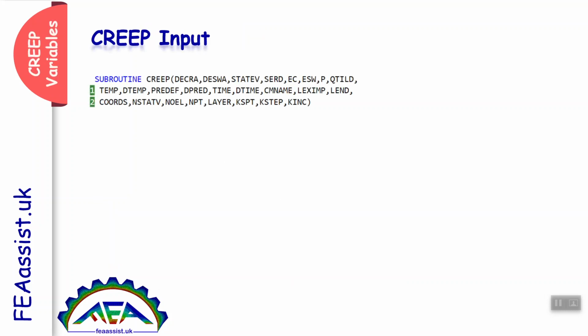Creep variables. Creep subroutine has some variables, some inputs and some outputs. Actually, some of these variables are inputs from Abaqus, and in creep subroutine we do some calculations on them, we process them, and we return the new values to the Abaqus.